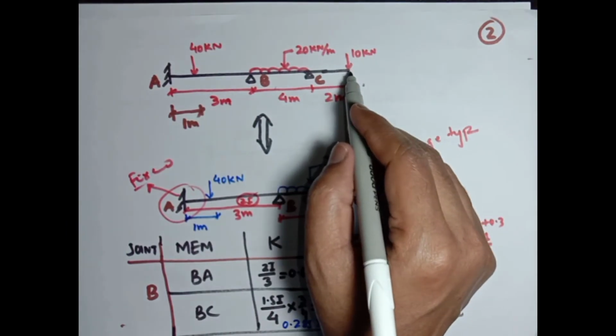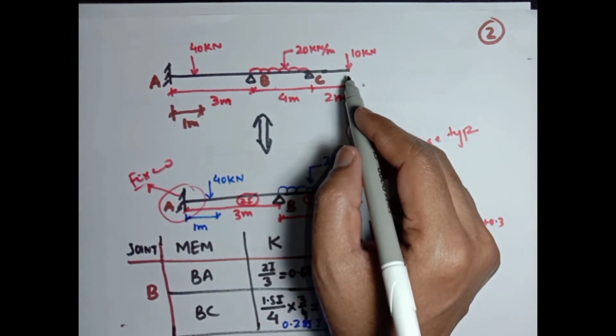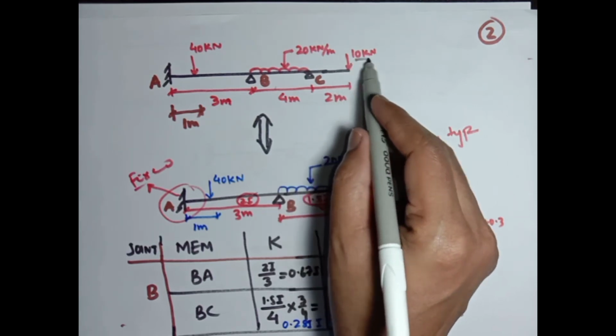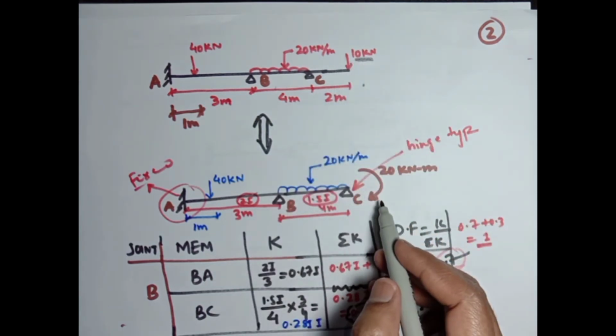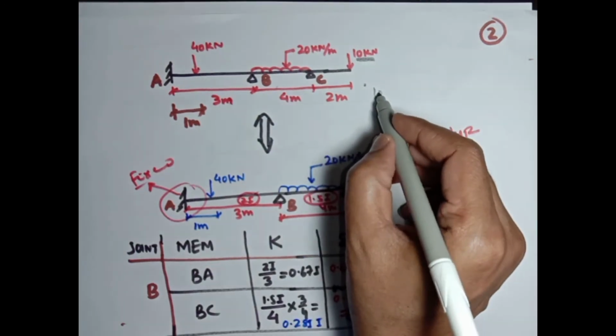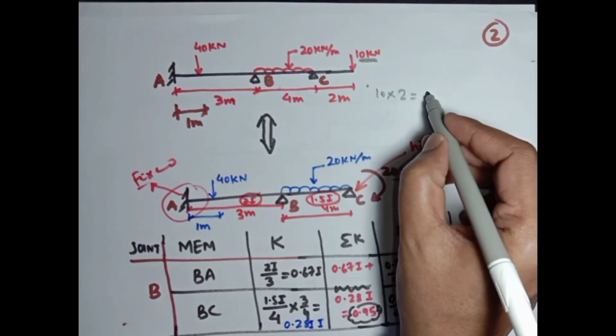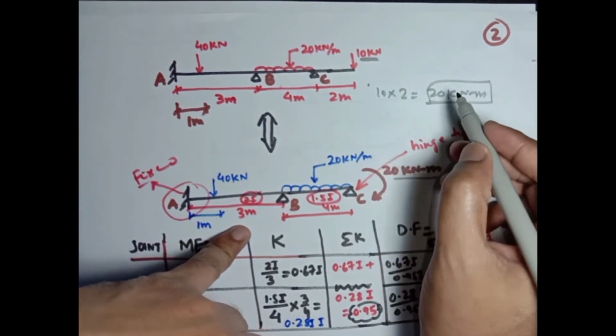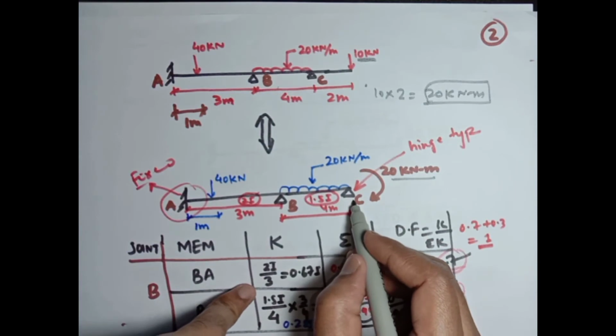This overhang, having the point load of 10 kilonewton, directly puts a moment value of 20 kilonewton. 10 multiplied by 2 gives 20 kilonewton meter of concentrated moment which will be acting at support C.